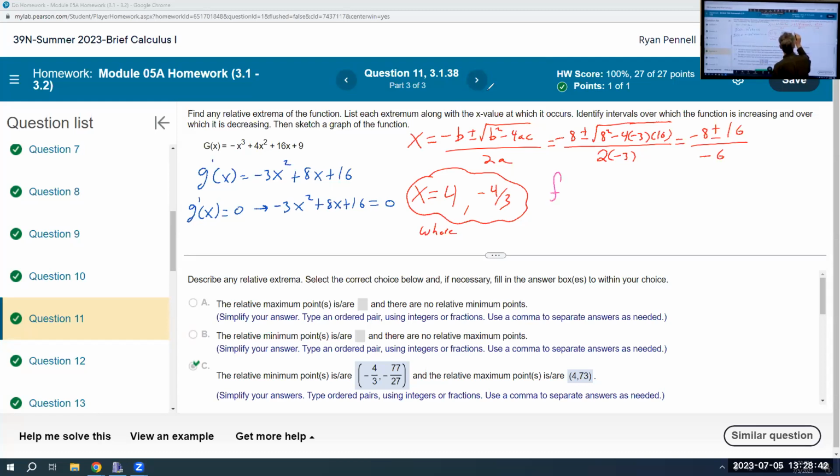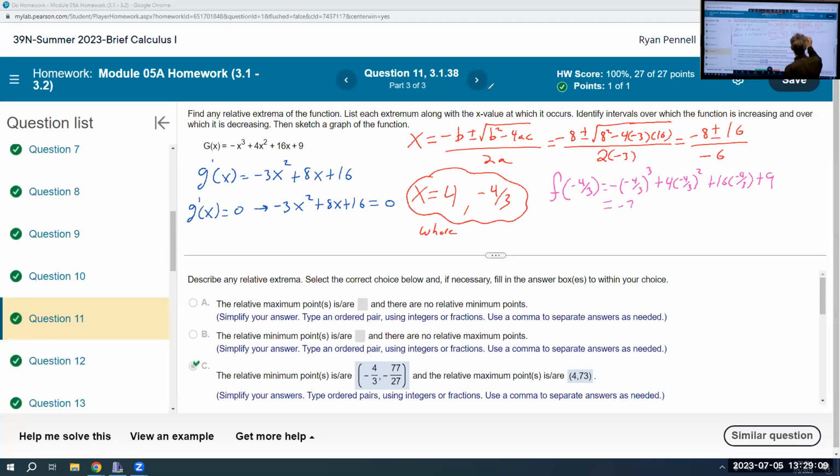So now I'm going to do f of -4/3 of the original function, and this will tell me where we are. -4/3 cubed plus 4 times -4/3 squared plus 16 times -4/3 plus 9.